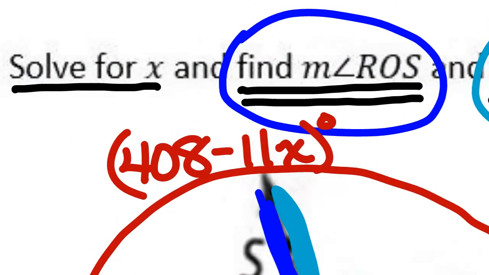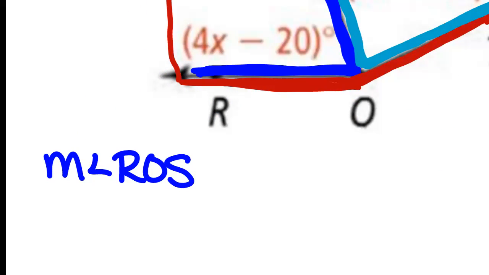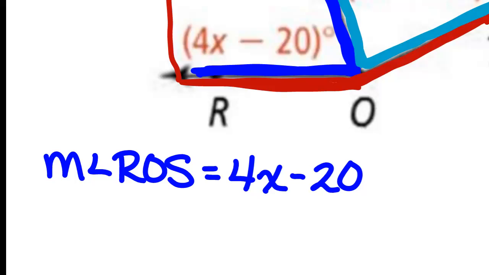It said solve for x. We just did that. Now I need to find the measurement of angle ROS, which is 4x minus 20.